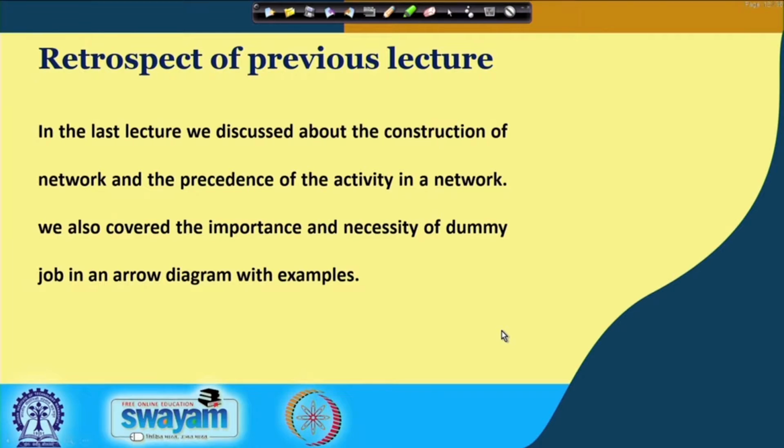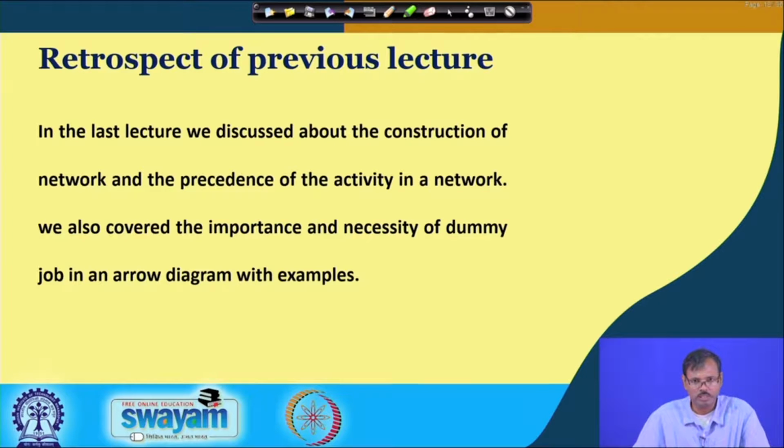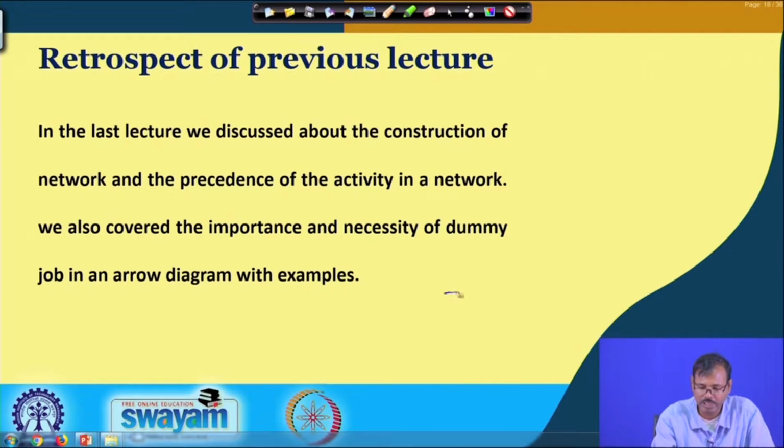In the last class, we discussed how to construct a project graph using arrows. That means how a network comprising a number of activities or jobs can be shown in the form of a network using the arrow diagram, where the jobs are denoted on the arrow by their name and duration.